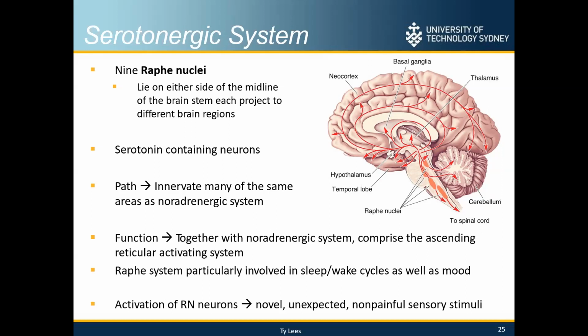As the name suggests, this system produces serotonin as its neurotransmitter. Together with the noradrenergic system, they play a role in the ascending reticular activating system, and it has been shown to be involved in the sleep-wake cycle, as well as mood.